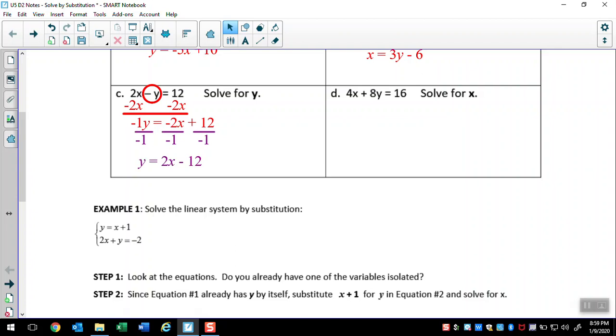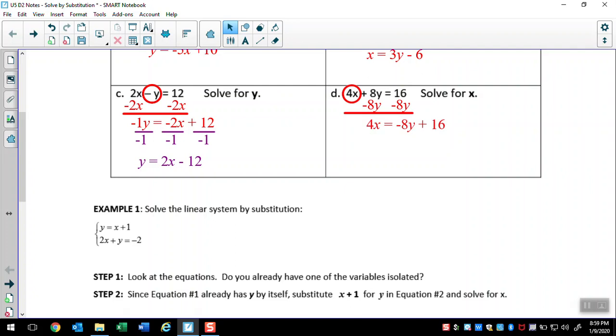Alright, let's do this last one. This time we need to solve for x. So in order to do that, first I need to move my y term over to the other side. 8y's cancel out. I'm left with 4x equals negative 8y plus 16.